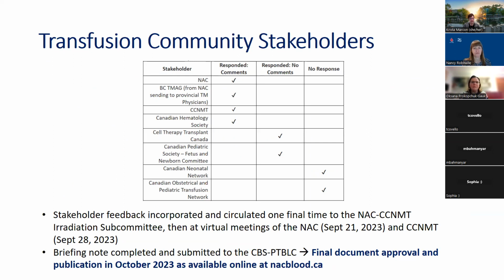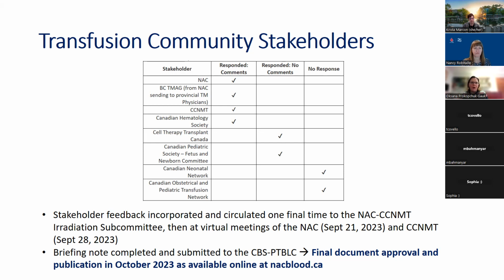And then this version of the document was circulated one final time to the irradiation subcommittee and then discussed and ultimately approved by the NAC and CCNMT in September at their respective committee meetings. The final stage to a document like this becoming approved and released for use in Canada is that a briefing note was submitted to the Canadian Blood Services Provincial Territorial Blood Liaison Committee, to which the NAC is advisory.